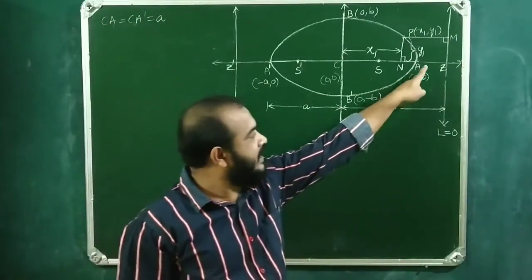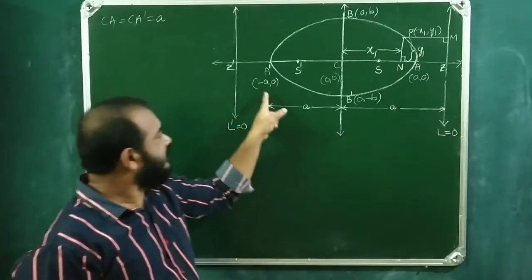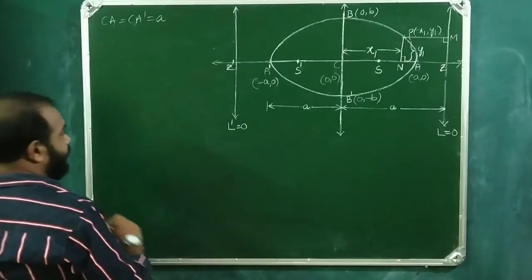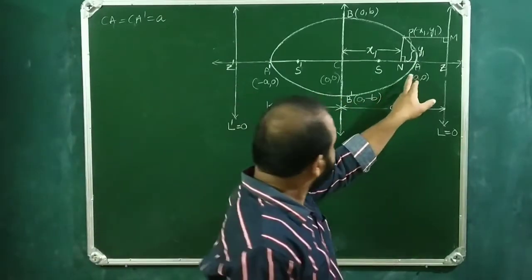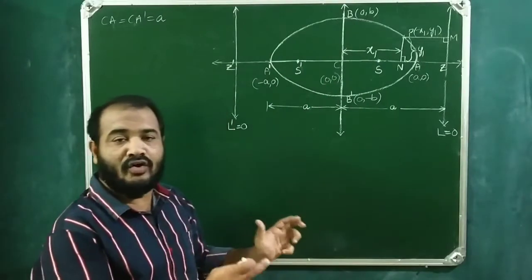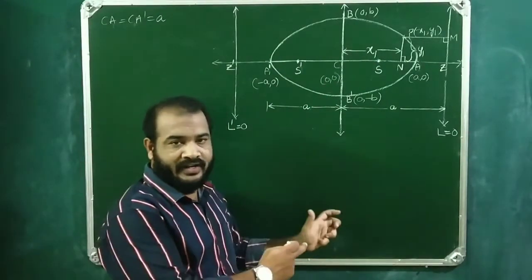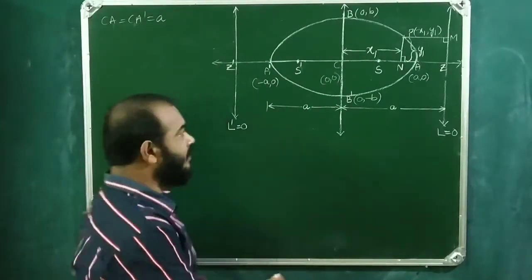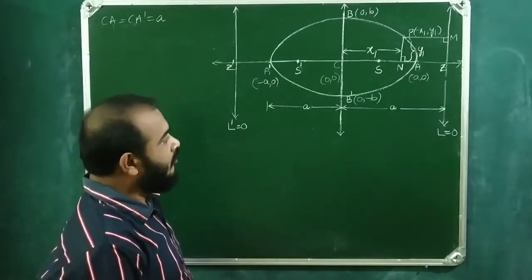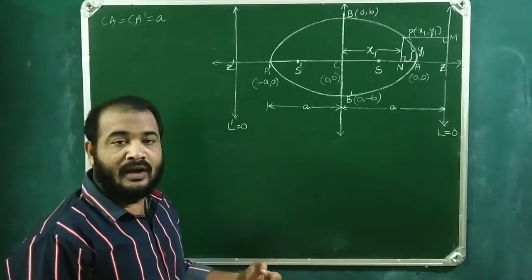Therefore, this A becomes a comma 0. This is minus a comma 0. Now, since A comma A dash lie on the conic, what is the conic here? Ellipse. Since A comma A dash lie on a conic, we can apply the definition.